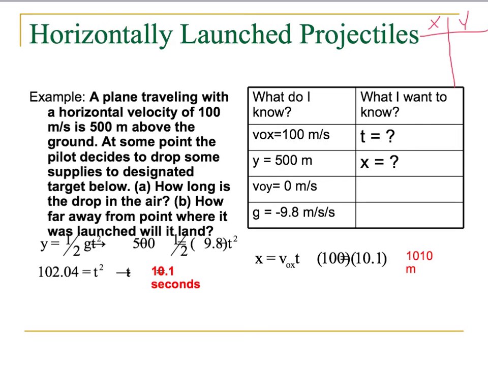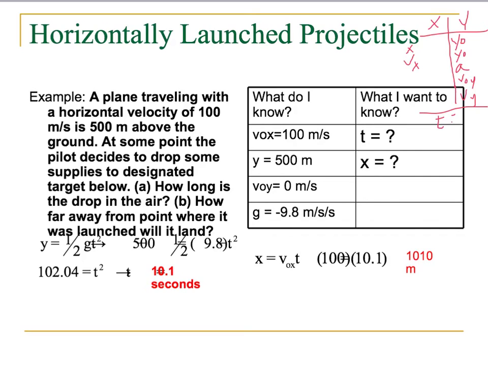So like we've done in class, in the X column we would have our X displacement or our horizontal displacement and our horizontal velocity here, and then in the Y column we would have our vertical displacement, our acceleration, our initial velocity, and our final velocity in the y direction. And then down at the bottom we would have time, since time can be used in either column.